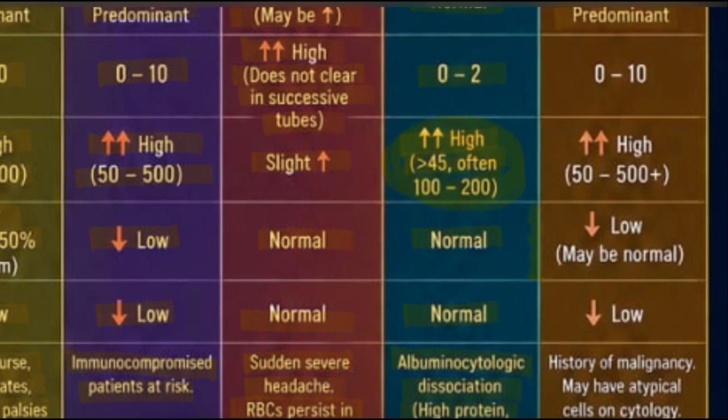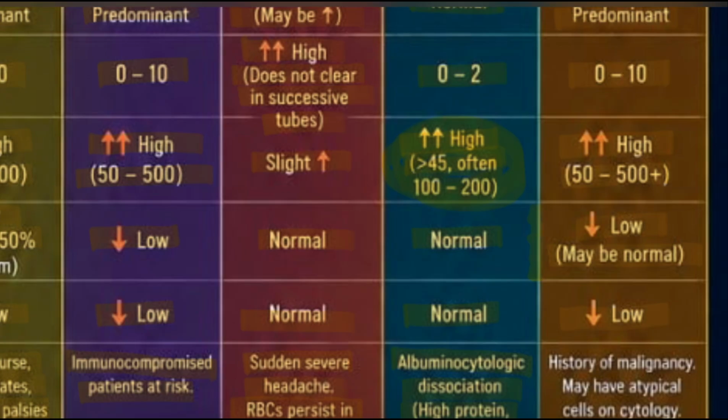Okay, and here you can see 0 to 10 cells, and the protein will be very high, 50 to 500 plus. Okay, and the glucose will be very low, maybe it becomes normal, and chloride will be low. Okay, so atypical malignant cells may be present, so a history of malignancy or atypical cells on cytology.